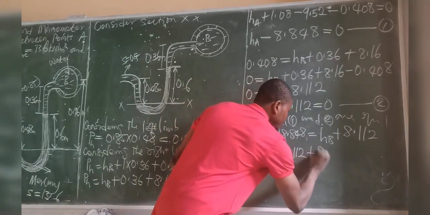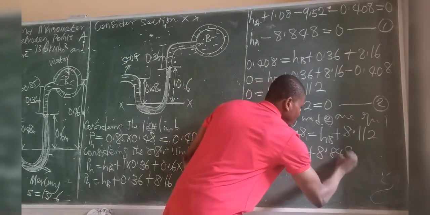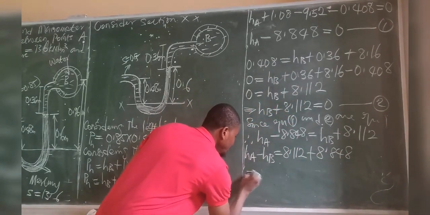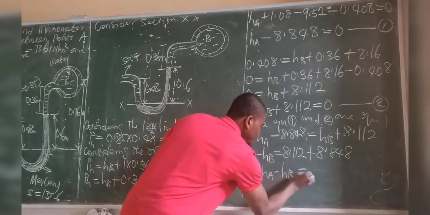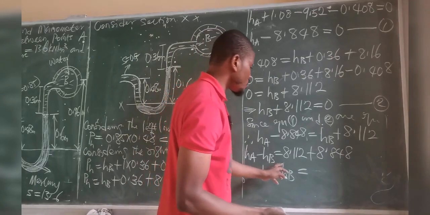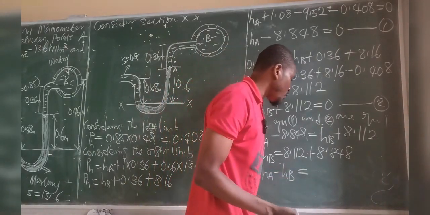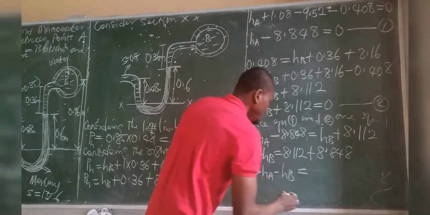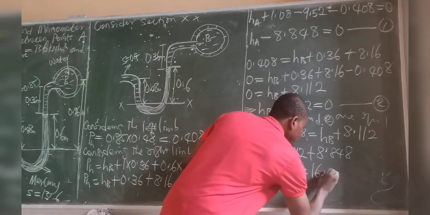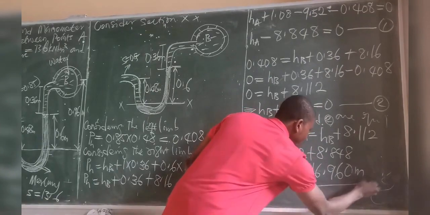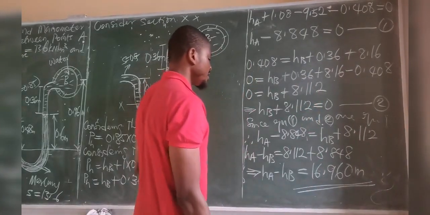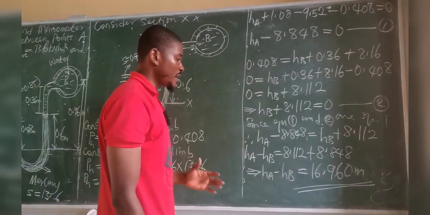This is now plus 8.848. So this simply implies that the pressure head difference HA minus HB is now equal to 8.112 plus 8.848. And that simply gives us 16.960 in meters. So this becomes the pressure head difference between pipe A and pipe B.